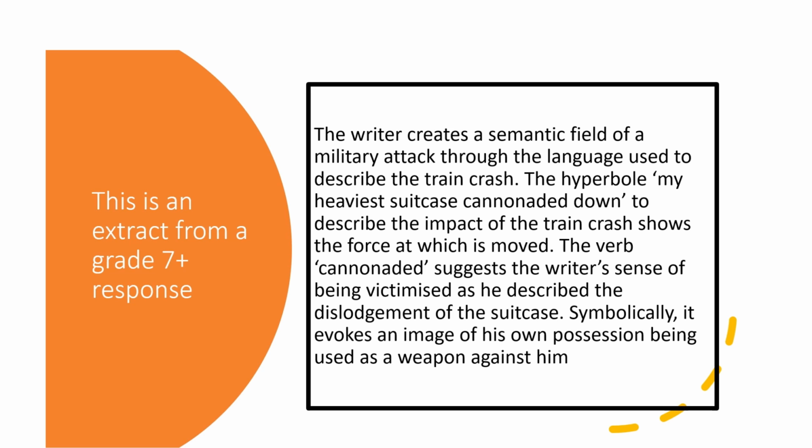The verb cannon suggests the writer's sense of being victimised. As he described the dislodgement of the suitcase, symbolically, it evokes an image of his own possession being used as a weapon against him. That's clear effect of language.